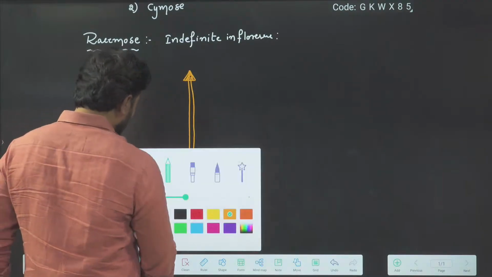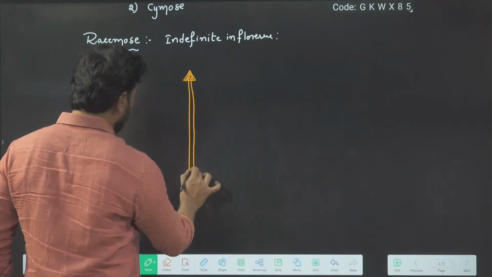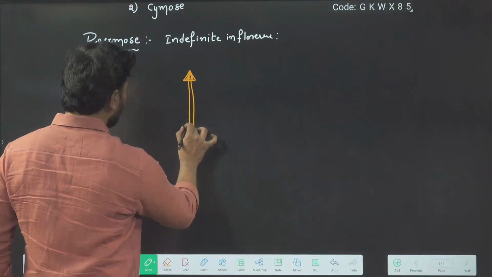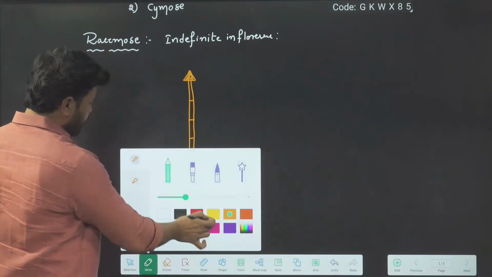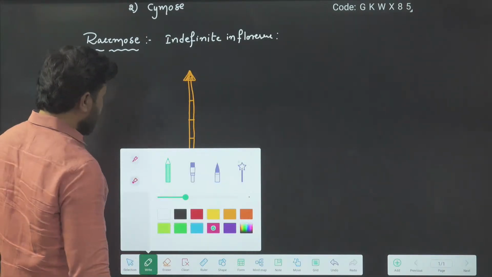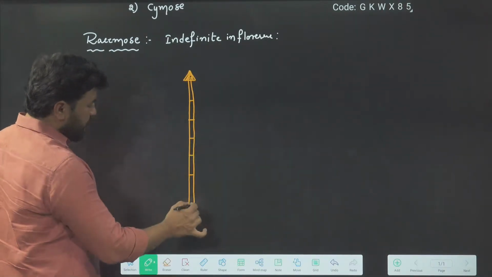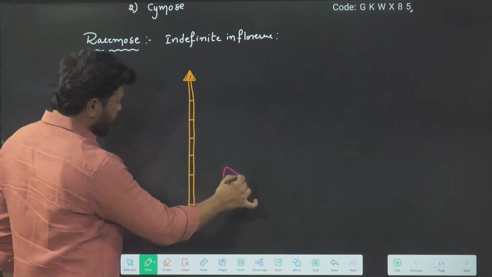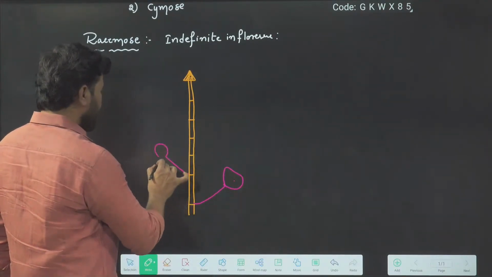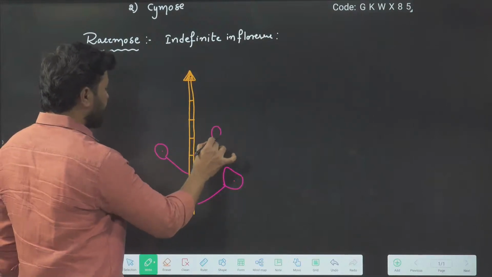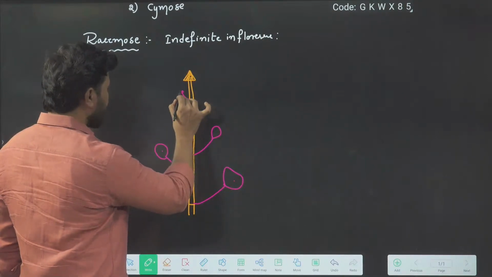Next, as it is an inflorescence axis, it must contain nodes. These are the nodes. As we have mentioned, at the nodal region there would be production of flowers. This is the lowermost node which produces the first flower, and then the next flower followed by it, and then the next.